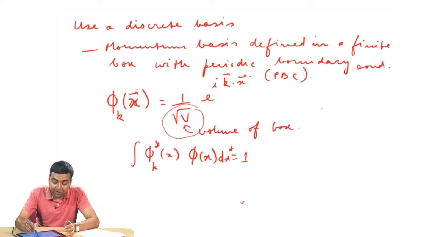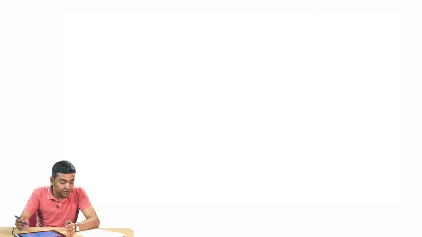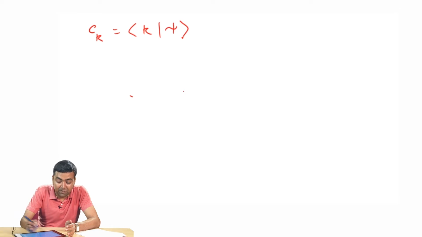Now, in this basis, let us see how our coefficients look like, the expansion coefficients C k. So, what are my C k's? If you remember, my C k's are given by this function, right.